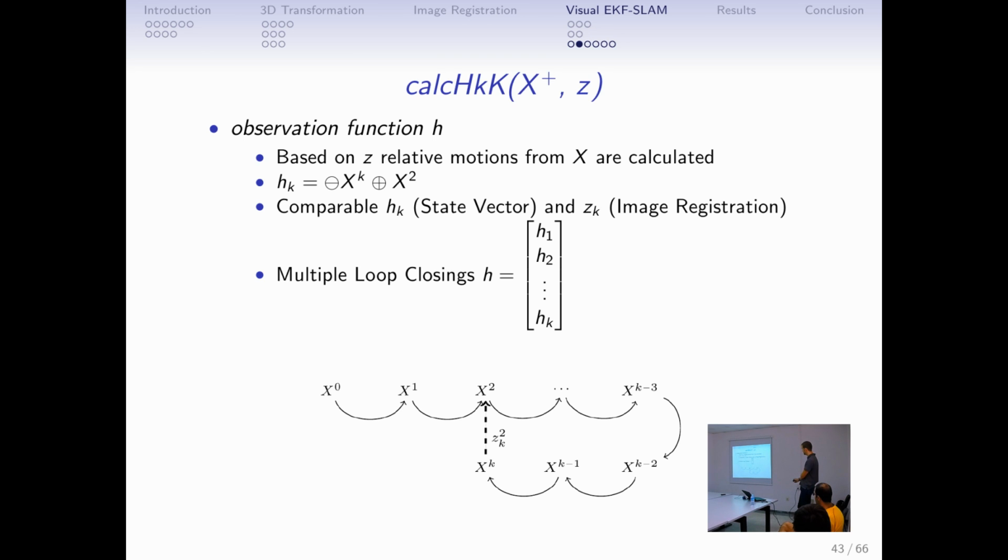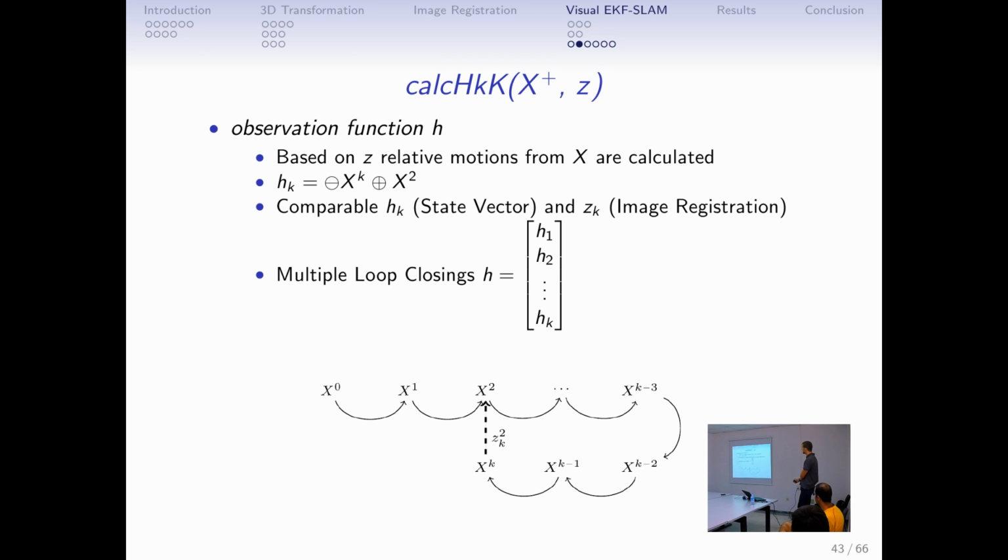Finally, our inversion of the transformation is used. First, we are inverting xk, so we are going back, and then we are composing this information with x2, and the result is our relative transformation between xk and x2. It can be seen here. And this is our observation function h.